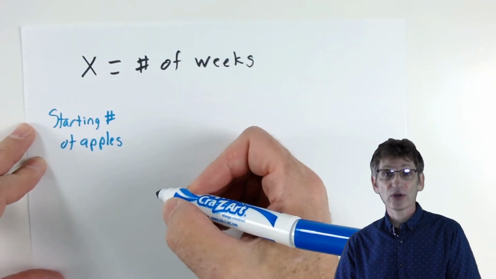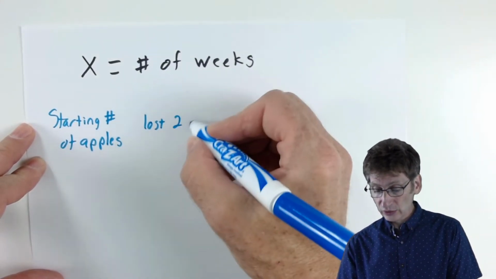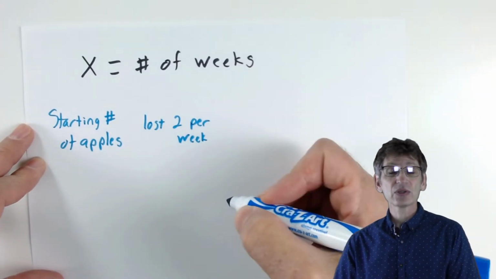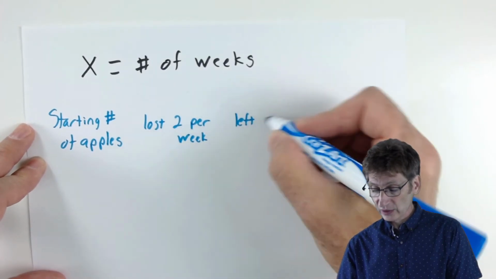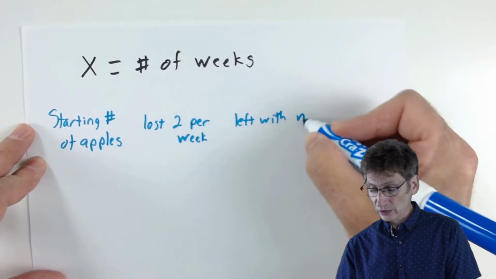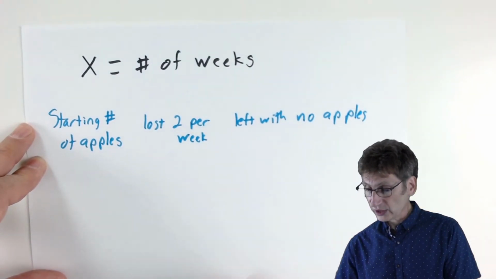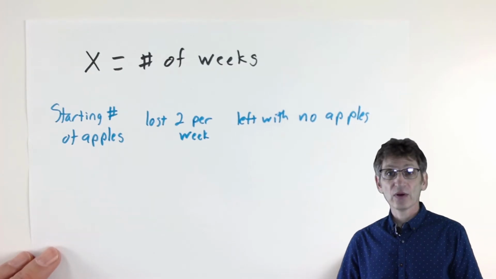Well, the squirrel took apples, so I lost 2 per week. After losing 2 per week, I was left with no apples. Well, that's interesting. Starting number of apples, lost 2 per week, and then left with no apples.